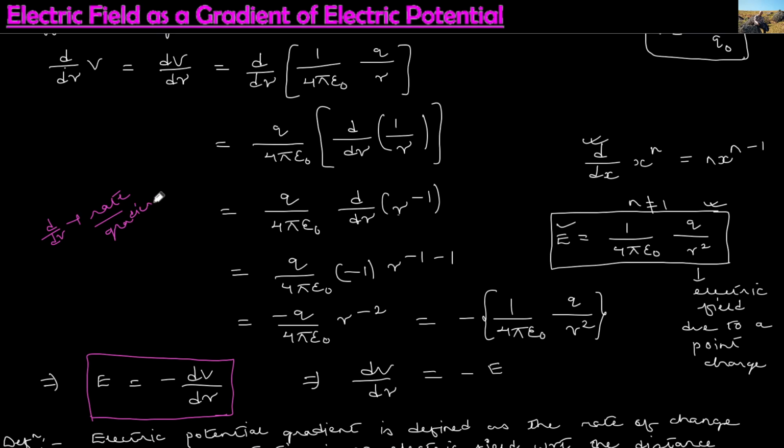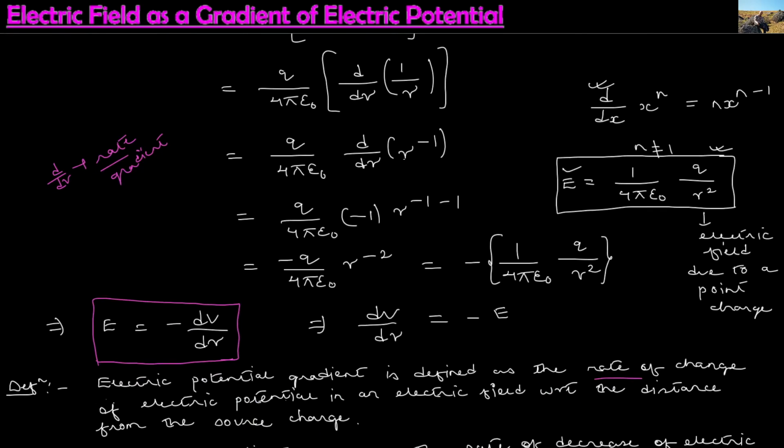We define that as the gradient. So d/dr of V, where V is potential, the rate of change of potential, is equal to the electric field.